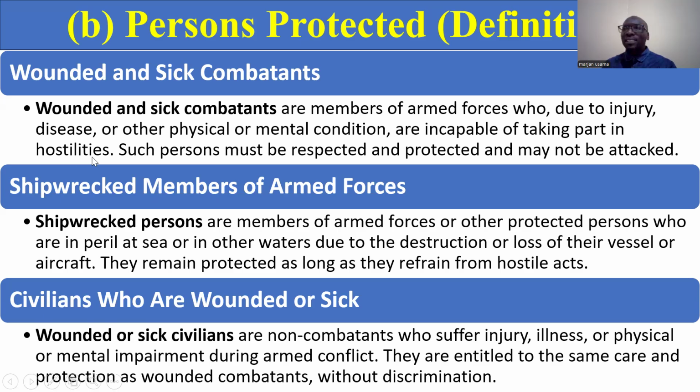Yes, they are military, but now they've been injured. They are maybe sick mentally, or have physical issues, so they cannot participate directly in the act of war or hostilities. Such persons must be respected and protected and may not be attacked.